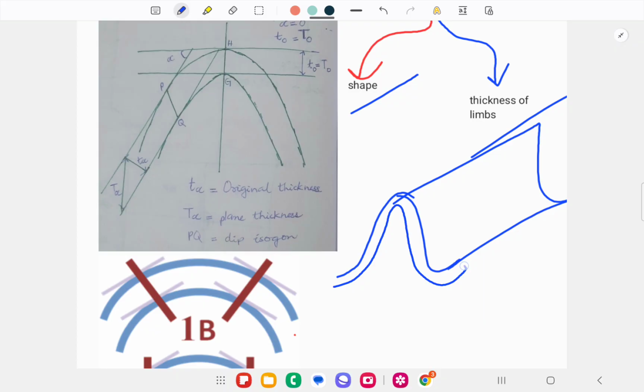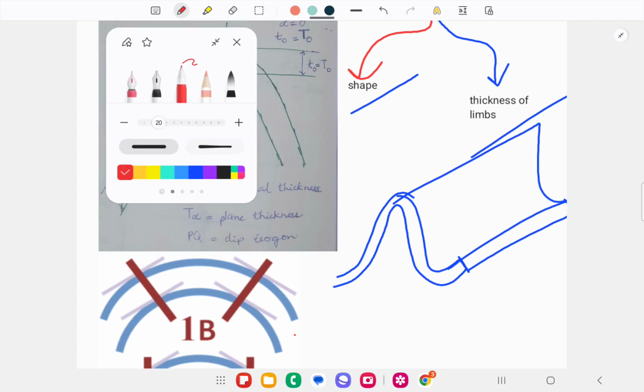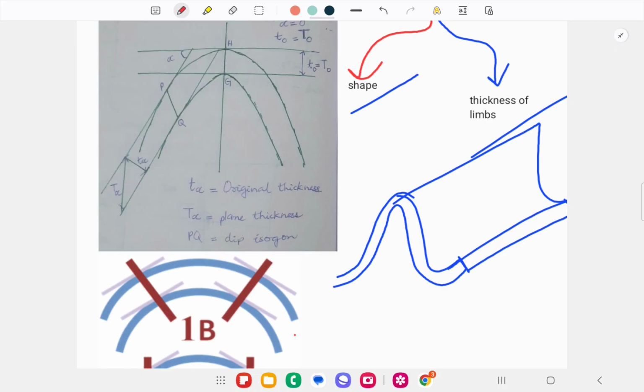And let's draw the thickness of the fold layer. So this is a fold, and here I'm showing the face part of a fold, any type of fold.